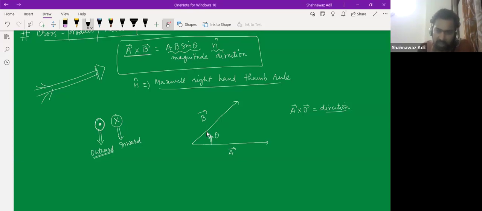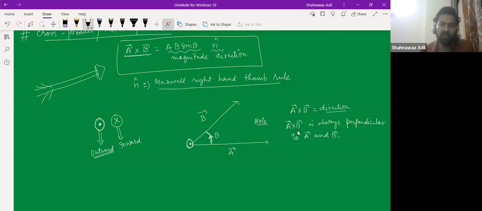So A cross B in here would be a dot, as we have said, outwards. This is the direction. And we have to always remember that A cross B is always perpendicular to the A vector and the B vector, right?